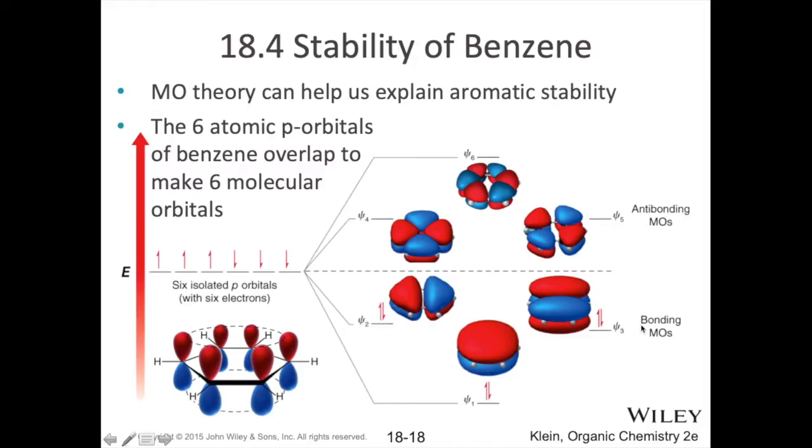Now, it turns out they both completely fill, because when you put in your 6 electrons, 2 of them, of course, fill this lowest energy orbital here, whereas both of these, being degenerate, fill up evenly. And so the remaining 4 electrons go there. Likewise, there are 2 antibonding orbitals that are also degenerate. You can have 2 nodes here, in 2 different directions.